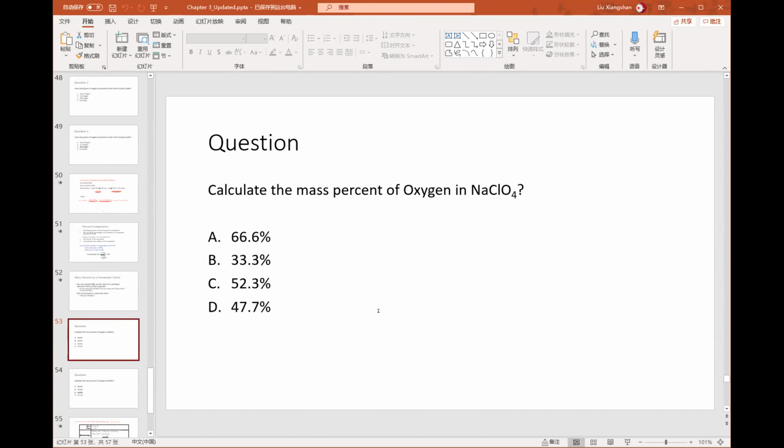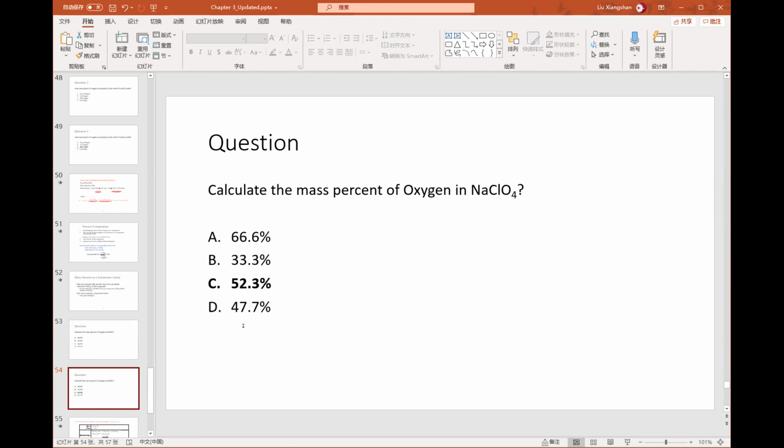And then there is a question. Calculate the mass percent of oxygen in sodium perchlorate. We should choose option C, which is 52.3%.